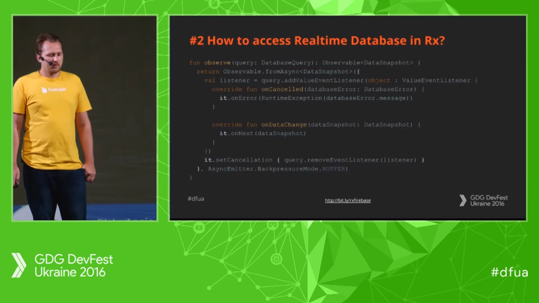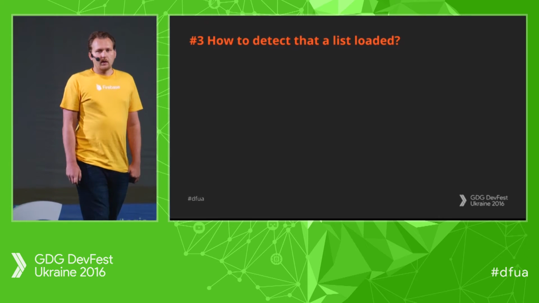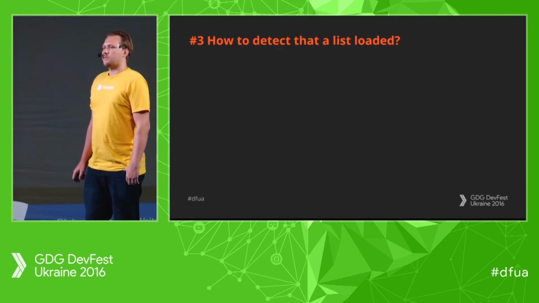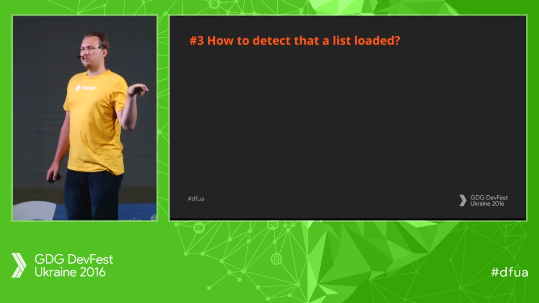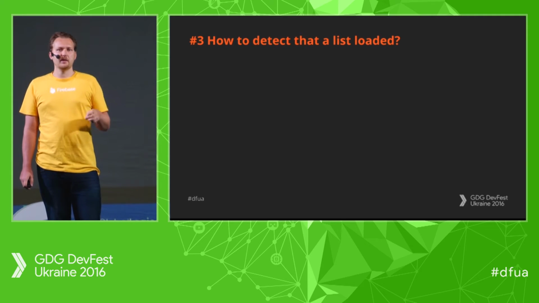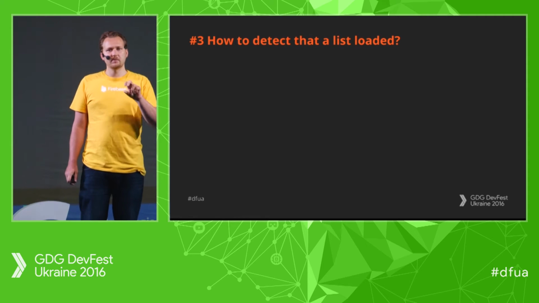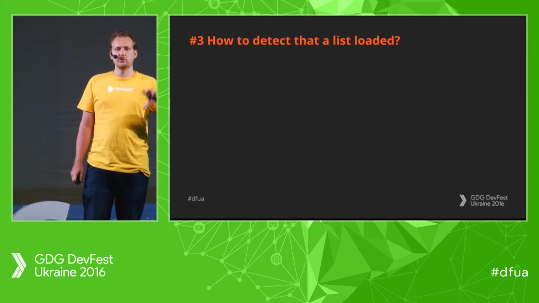Another tip. When you subscribe to Firebase events on a list, you get callbacks like something has been added, edited, deleted, or moved. This is really nice when you have a list of items. You can plug it into a RecyclerView, and you have these nice animations.